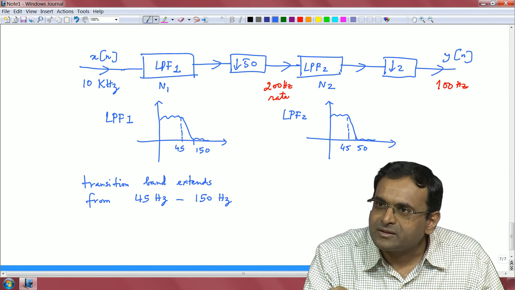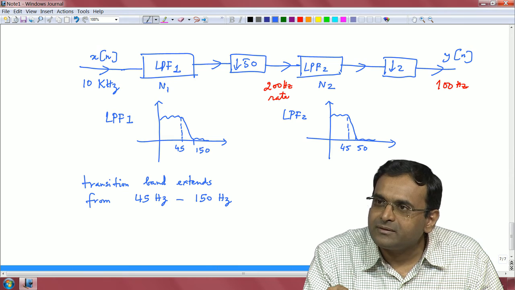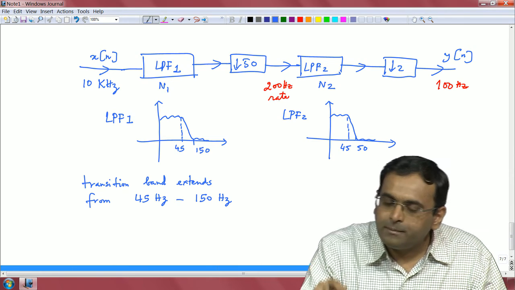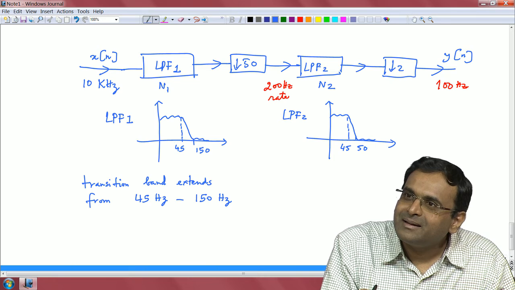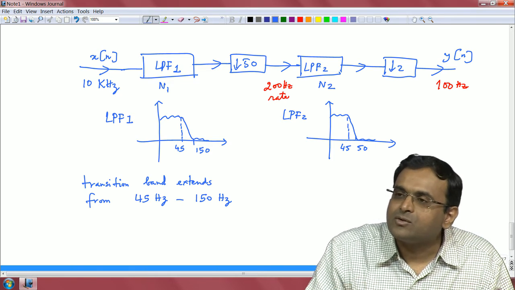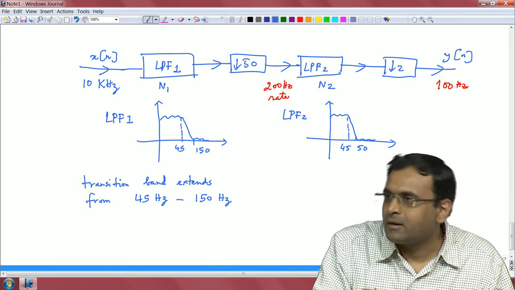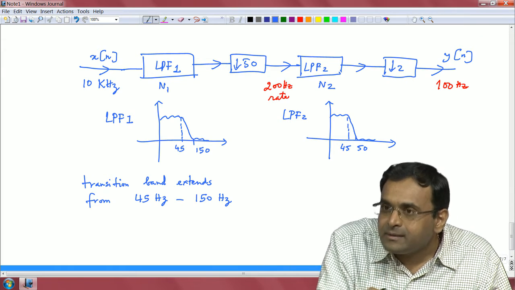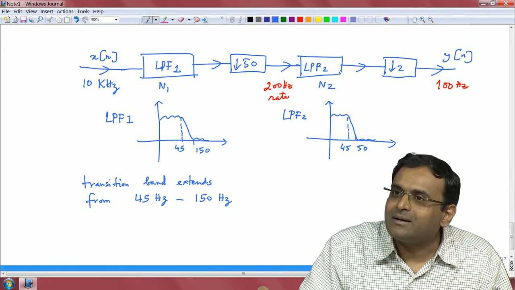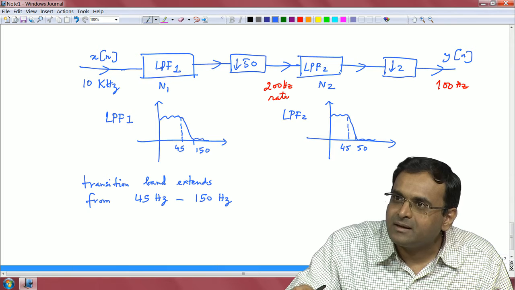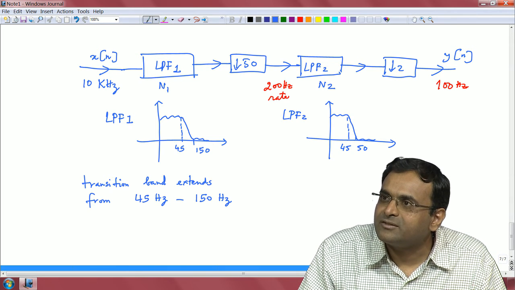So, if the Nyquist is at 100 hertz, all those frequencies from 100 to 150 hertz would be aliased back between 50 to 100 hertz here, and our intuition should tell us that if we eliminate 50 to 100 hertz using another low pass filter here, we are removing the aliased components.